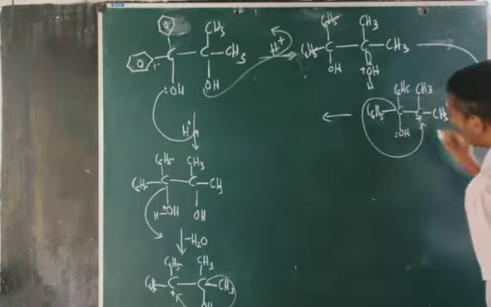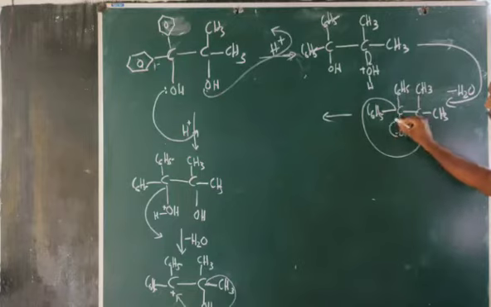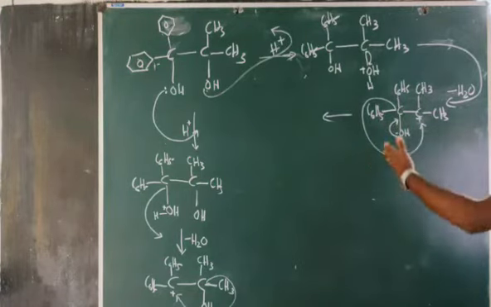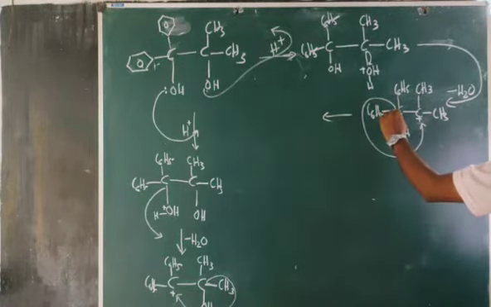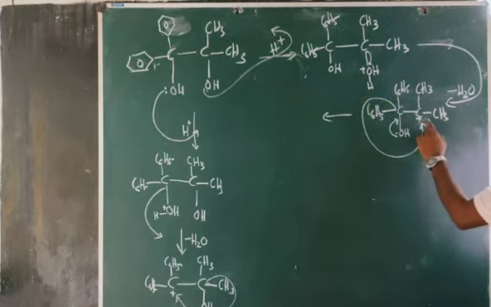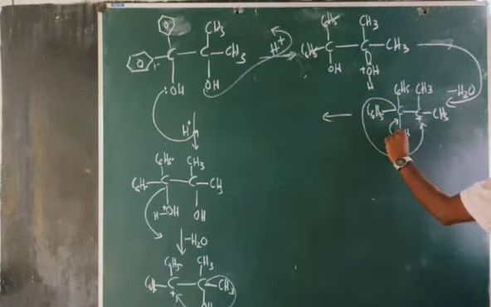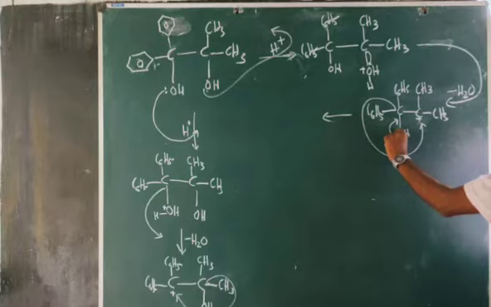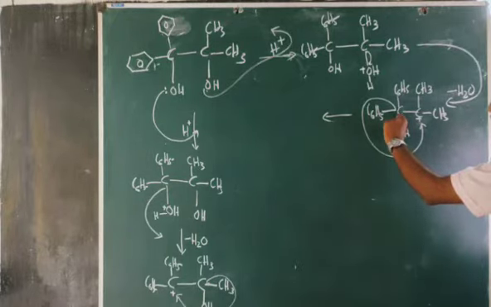positively charged carbon. So we are taking this phenyl group, and this will be shifted to this positively charged carbon. At the same time, this pair of electrons will be moved to here. I am showing it in a single step because this bond is breaking from here and shifting to here. Simultaneously, the lone pair of electrons present on this oxygen will be moved between carbon and oxygen, and therefore here it will form a double bond.